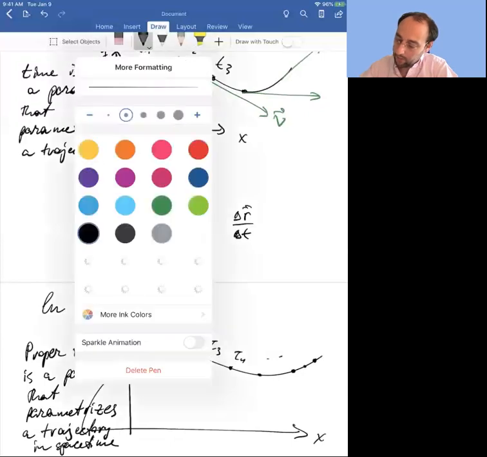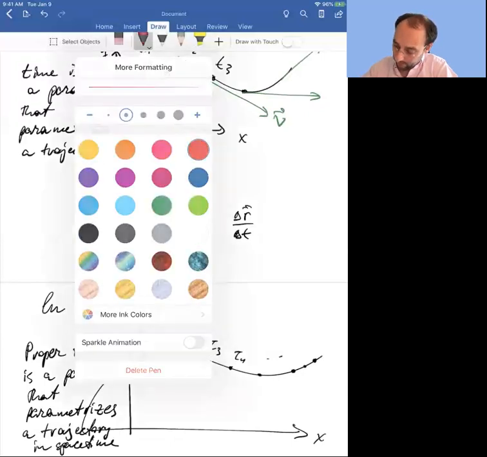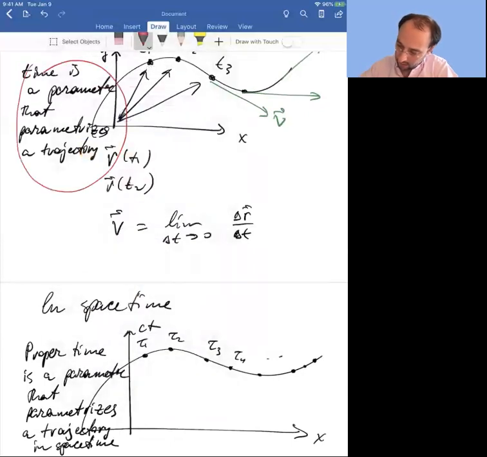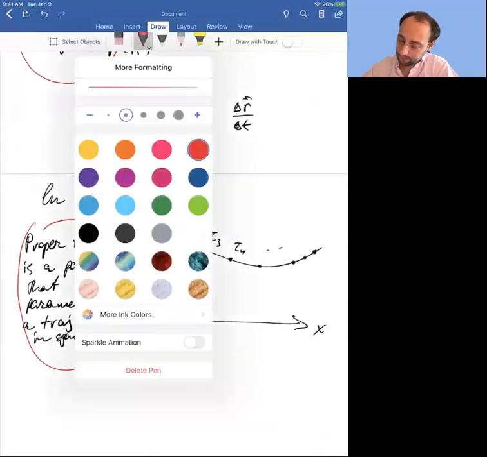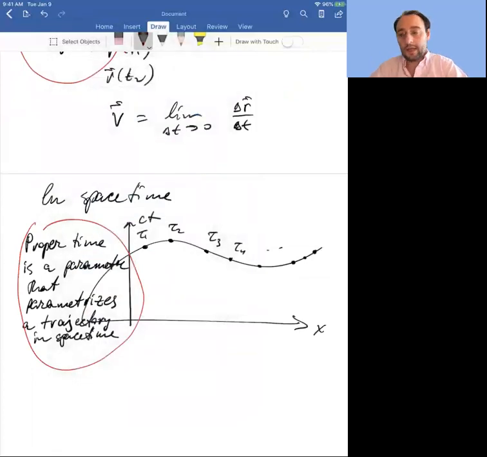Okay, let me circle this, and this. Okay, so proper time is an invariant, and therefore it's a good convenient parameter.